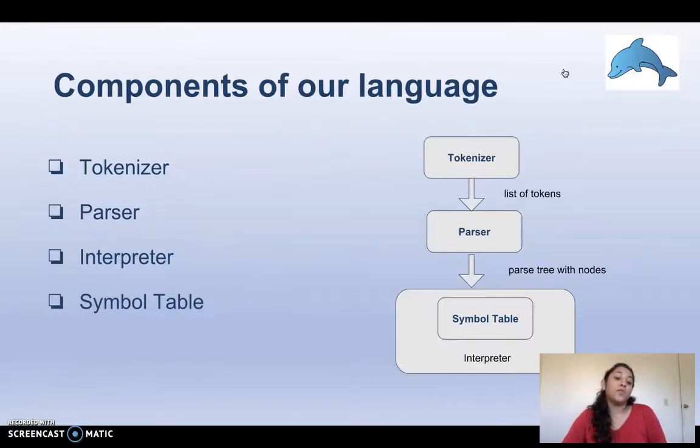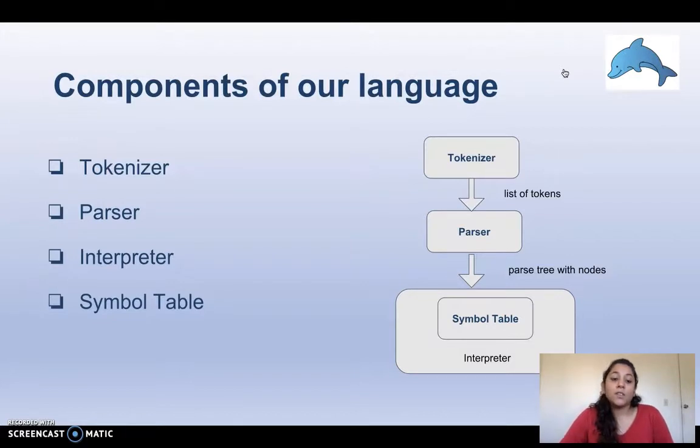So when we talk about the flow of the language, the code that we write, in the form of code1.dolphin for example, is taken and passed to the main function. The main function calls the tokenizer. The tokenizer makes this entire code into a small list of tokens, which is passed to the parser. The parser takes these tokens and generates a parse tree.